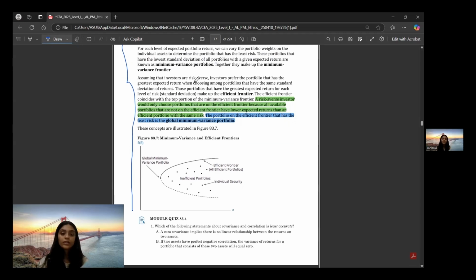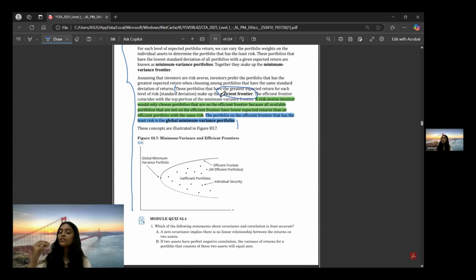Next, I want you to understand this entire part. Okay, first we'll define efficient frontier. The efficient frontier is a line that shows the best possible returns for every level of risk.